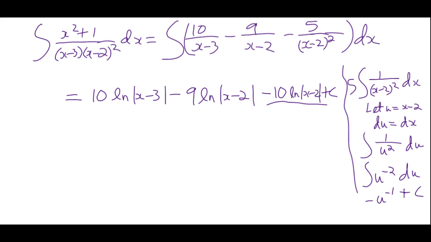We could sort of forget about the c because we're going to throw it in there anyway. So what's that? Negative 1 over u. What's that? Negative 1 over x minus 2. So, sorry, not a 2 there. So maybe it's best not to do u substitution in your head. Plus.